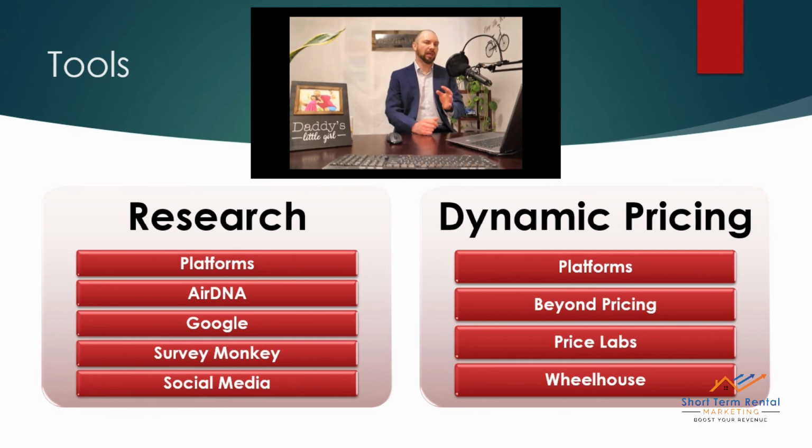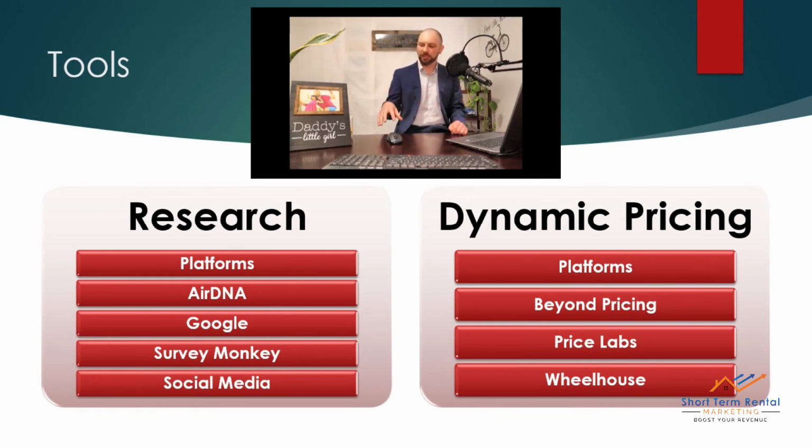Number one, platforms. When I talk about platforms, I'm talking about Airbnb, VRBO, Booking.com and Expedia. Even Google has so much information here on travel and about the amenities and what other markets are charging, what people in your market are charging. You can look at other people's listings, right?